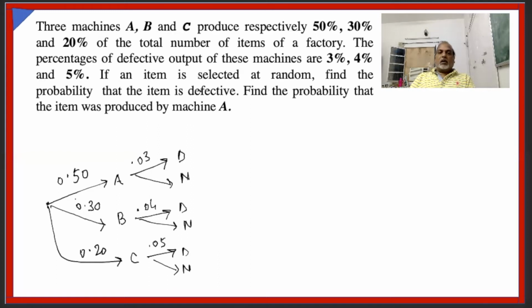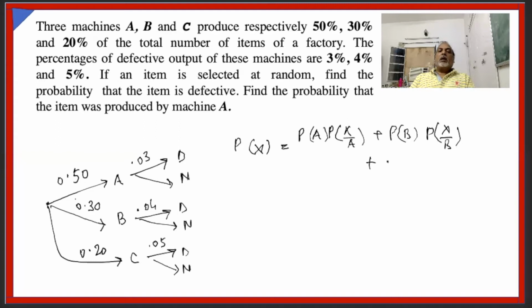Suppose X is the event when the item is defective, then the probability of X will be nothing but, as we have seen in conditional probability, P(A) P(X/A) plus P(B) P(X/B) plus P(C) P(X/C).